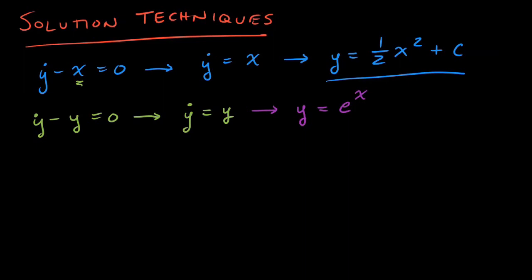Well, it's no surprise that y dot is going to be e to the x. So clearly this function here satisfies this differential equation. And so just by inspection, I said, well, I'm going to try e to the x, and lo and behold, it actually worked.